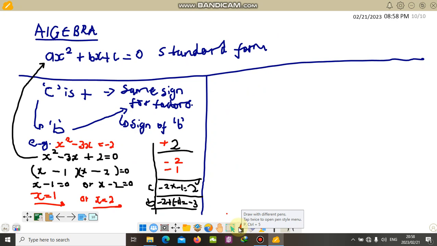So this side, when C is negative, then the factors will have different signs.